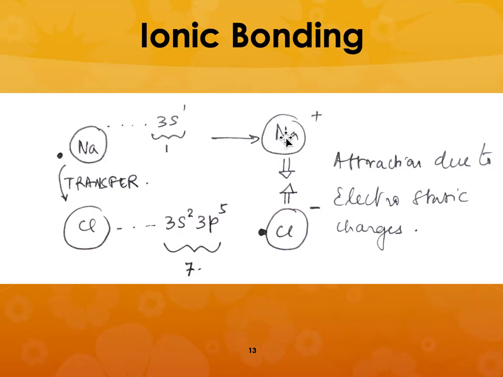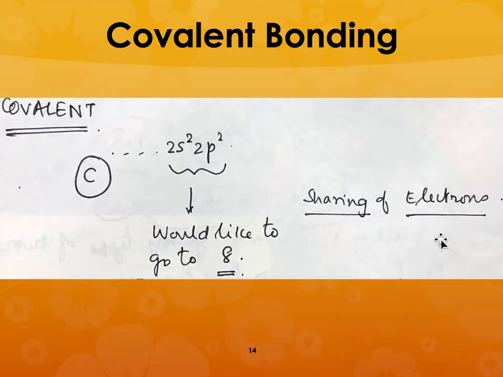So sodium gets 8 and chlorine gets 8, and the attraction between them is mainly due to electrostatic charges. So as you bring them together, they will attract and form a type of bond.